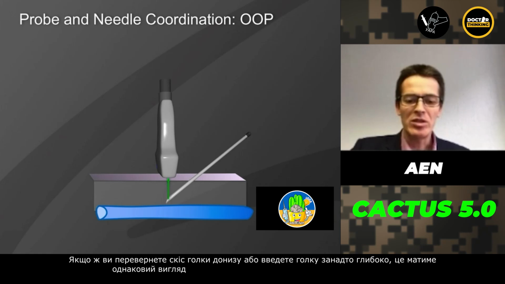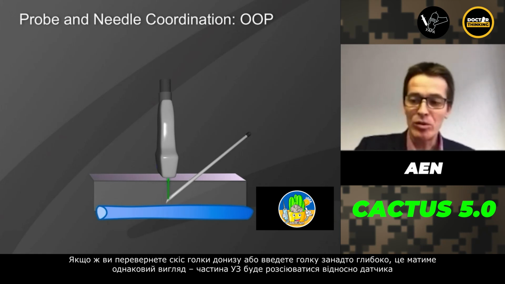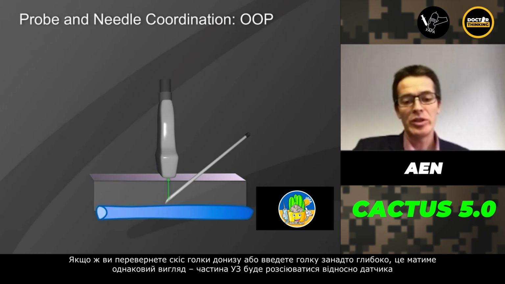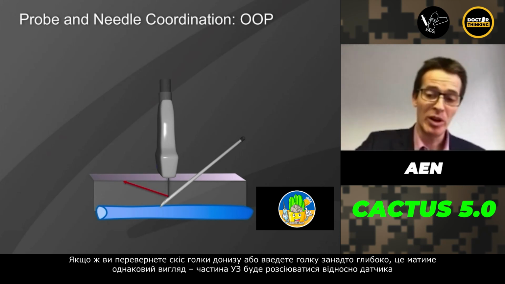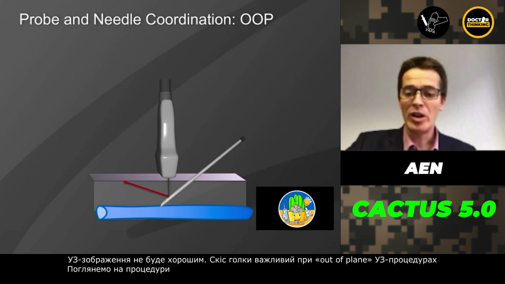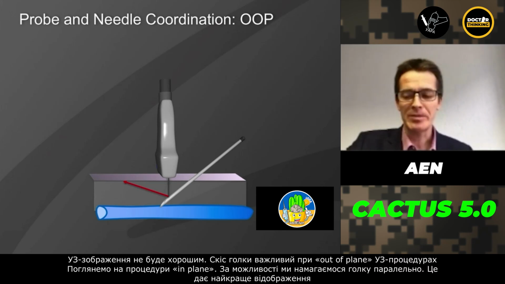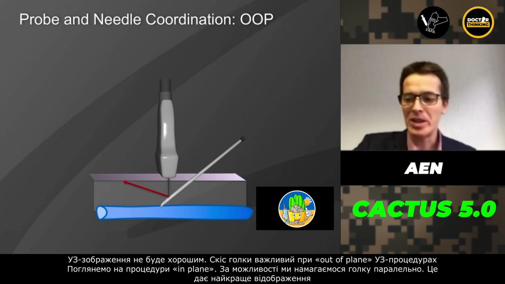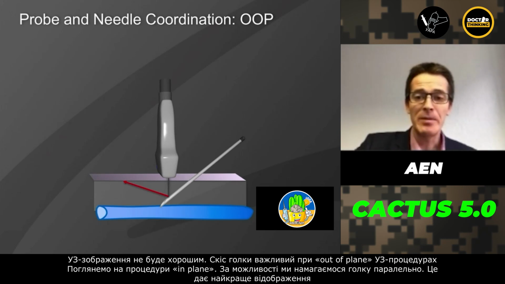Whereas when you direct the bevel downwards, or if you insert the needle too deeply, then you will have the same conditions for the sound reflection. So part of the sound is being reflected away from the probe, so you won't have a good ultrasound image. So bevel up is important in ultrasound in out-of-plane procedures.